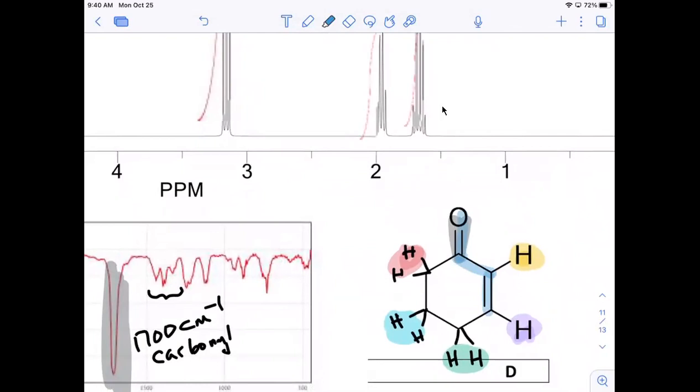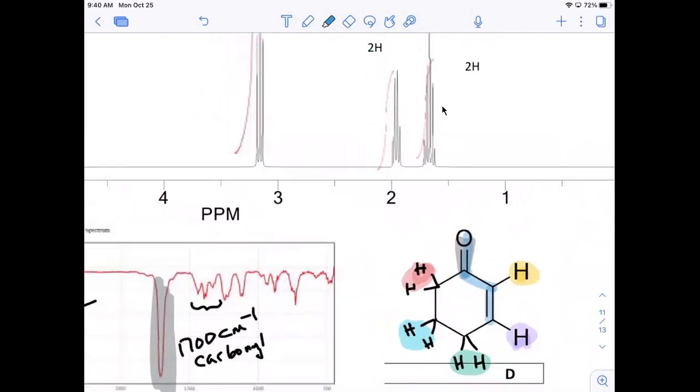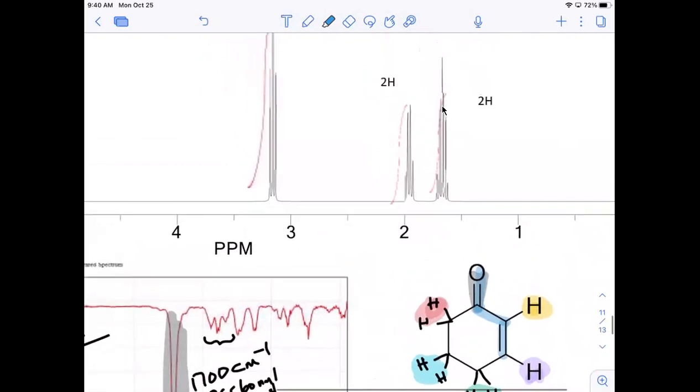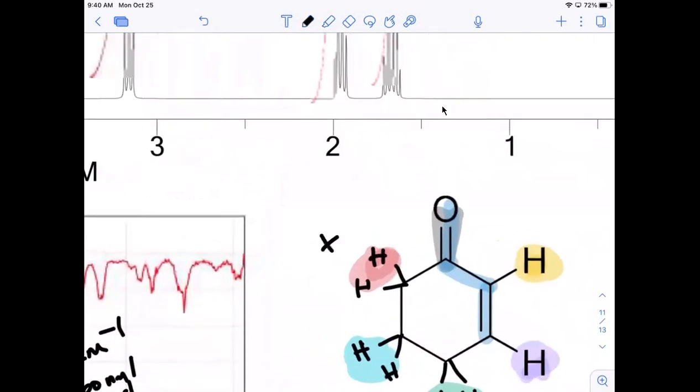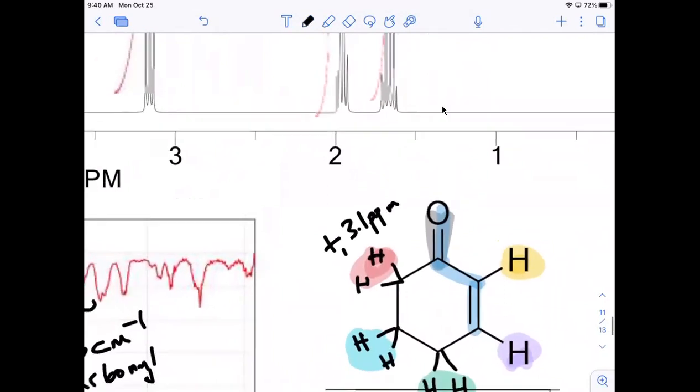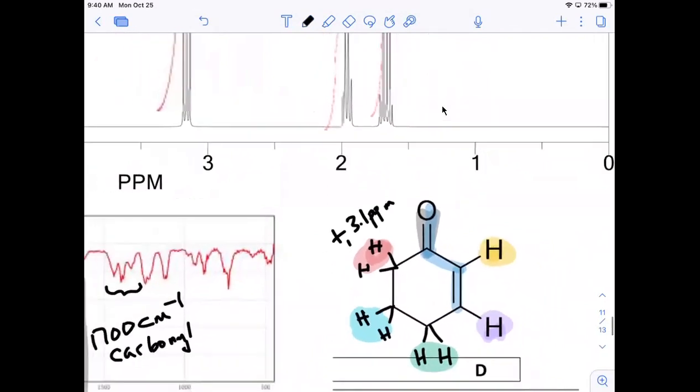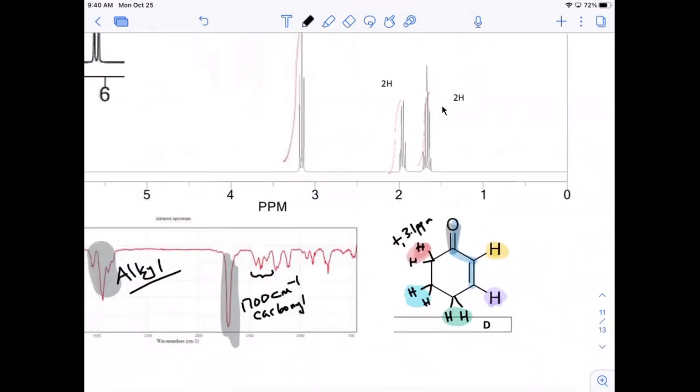So that might be why it's further down past 3. Normally that proton would show up about 2.5. All right, so that's going to be a triplet, and it's at, I'm going to say, 3.1 parts per million.